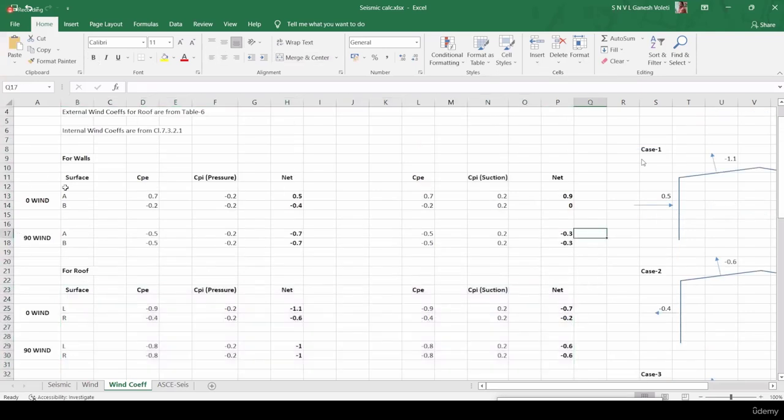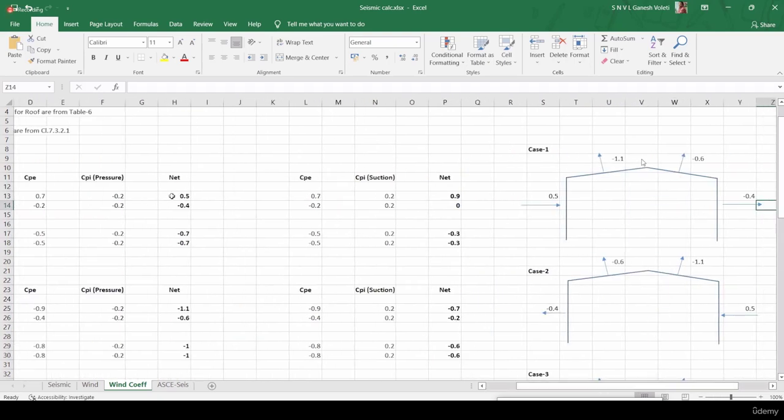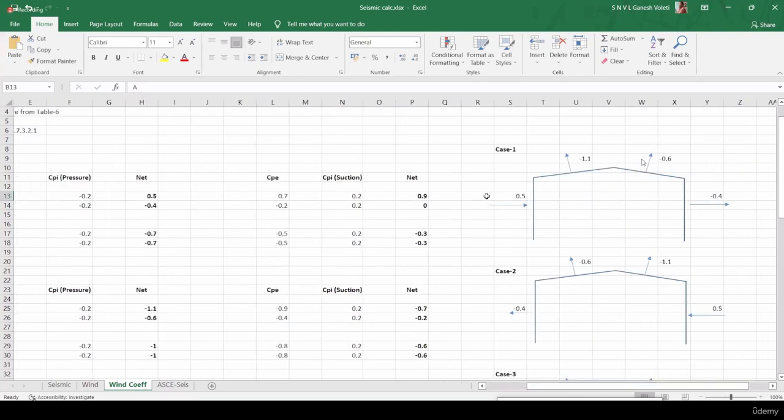A and B are this surface A and this surface B, and the net coefficient will be applied. What is the surface? A surface. Again, A wall, B wall, left roof, right roof.